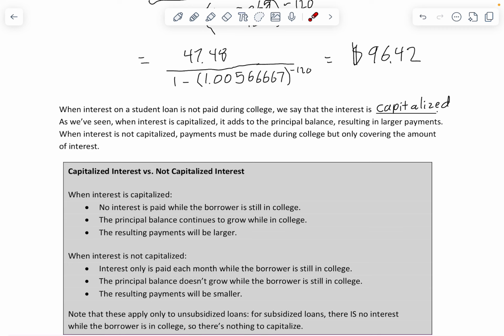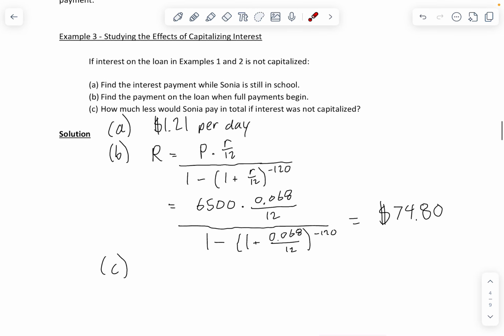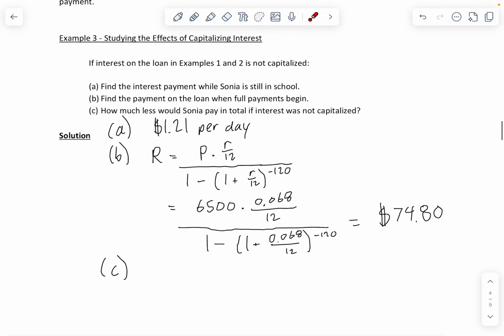For 10 years, that would be 120 payments. Okay. So in that case, we would have 120 payments times $96.42 for each payment. Okay. That works out to be $11,570.40.